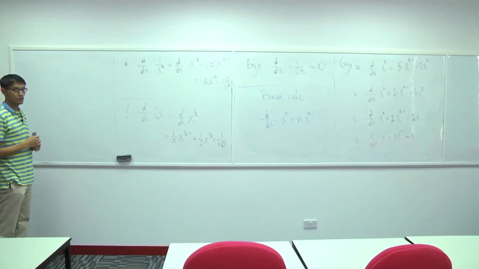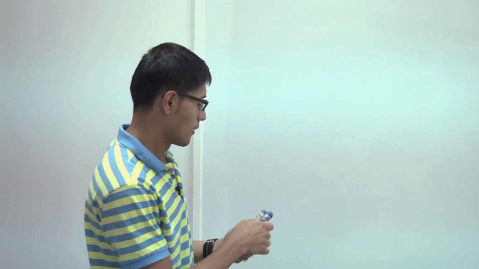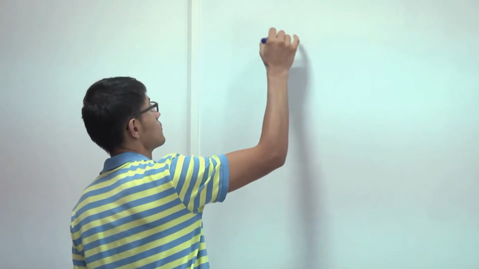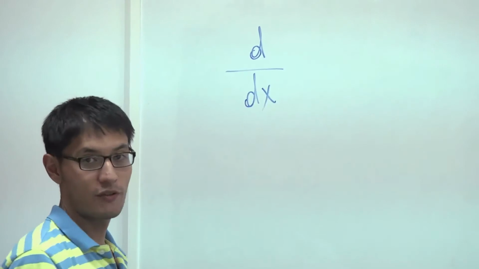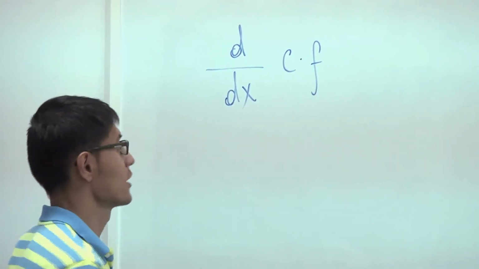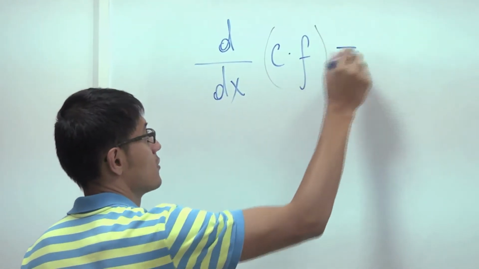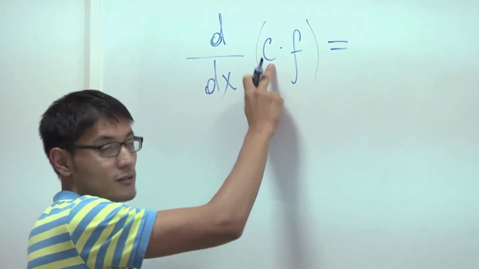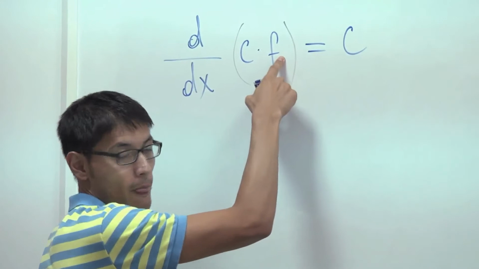Let's talk about the rules of scalar multiplication and addition. So suppose you want to take the derivative of a constant times a function. Okay? A constant times a function. Then we don't touch the constant, and we only take the derivative of the function.